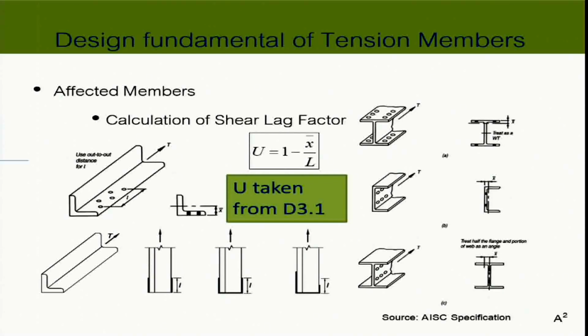So when it arrives at the connection, it has to go from the centroid to where the connection is, right? So that becomes the distance that the force needs to travel from the centroid of the member to the plane of the connection.